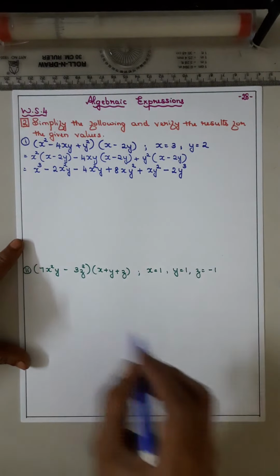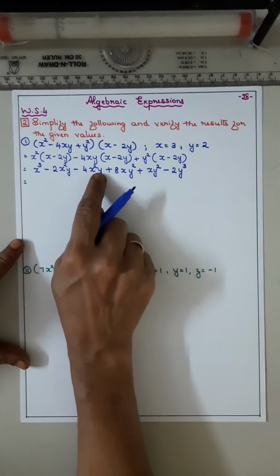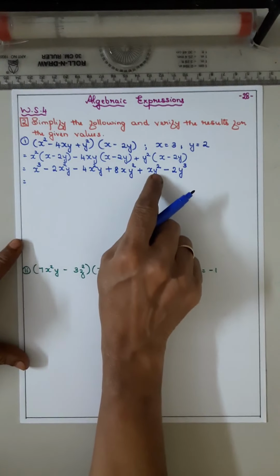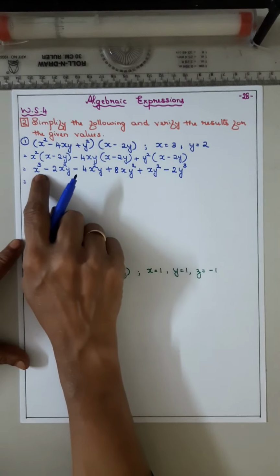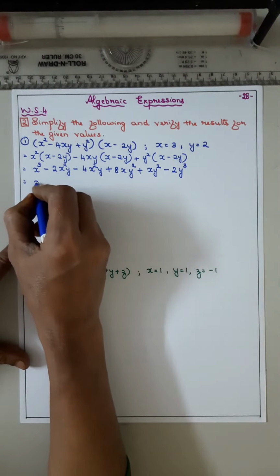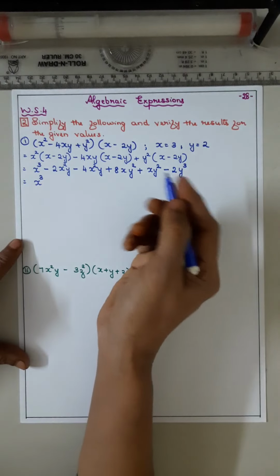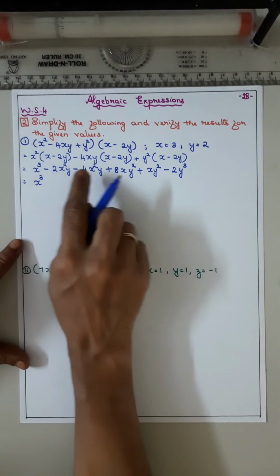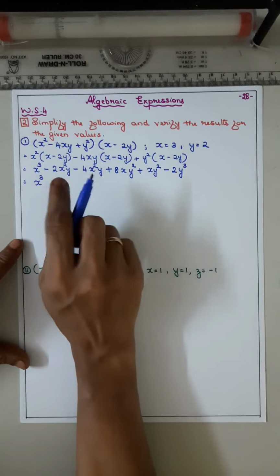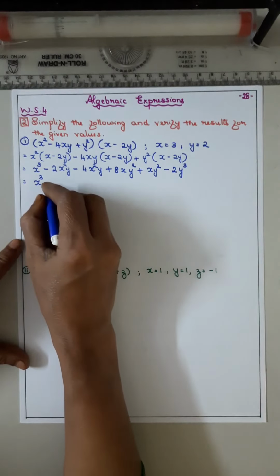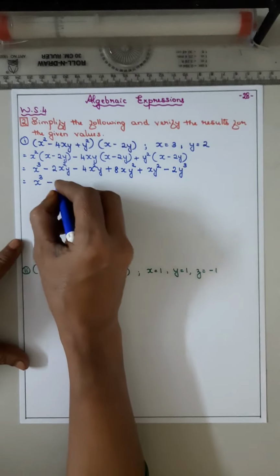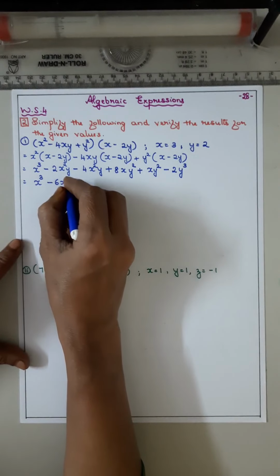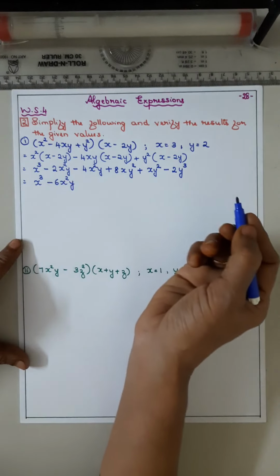Is it clear? Now like terms are there, x squared y, xy squared, xy squared. So we have to solve it. So x cube, right, first. Now minus 2 minus 4 x squared y, same sign, that is why minus 6x squared y. You have to add, isn't it?